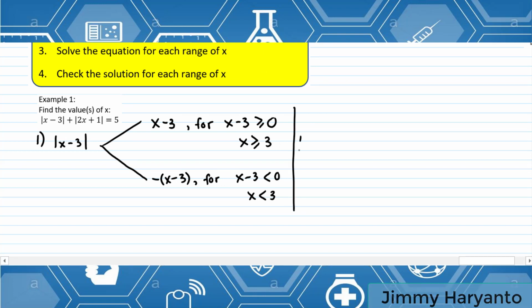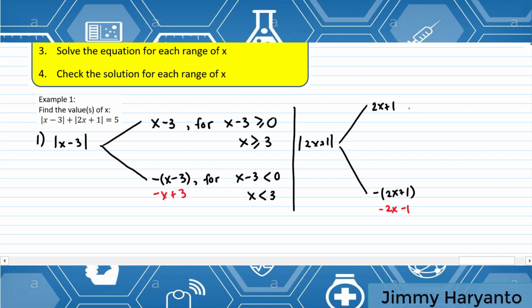The second is 2x plus 1. We have to split this one more time: 2x plus 1, and the second one is negative 2x plus 1, or we can write it like this, negative 2x minus 1, by multiplying the negative.